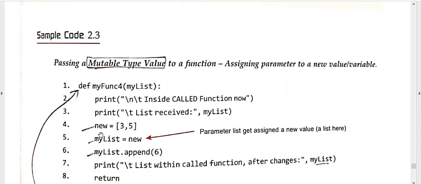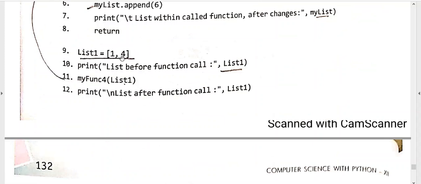You have created a new list here with the help of a new variable and you have passed 3 and 5 to it. Now what you are doing, in my list you have overwritten this new list. Initially it was 1 4, but now what you have given is 3 5, it is overwritten, it was having 1 4.